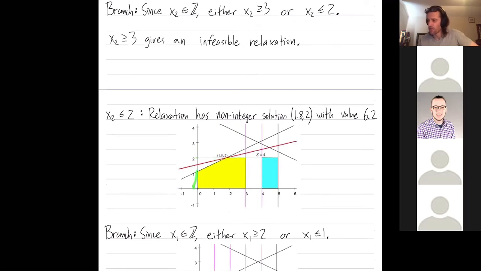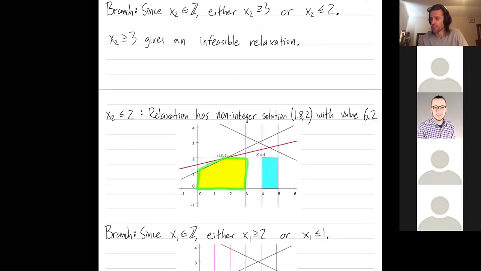I solve the relaxed problem, ignoring the integrality constraint, and I achieve this solution, (1, 2.82). It has value 6.2, okay? I can't yet achieve 6.2 with an integer solution, but I know this is at least still worth exploring.